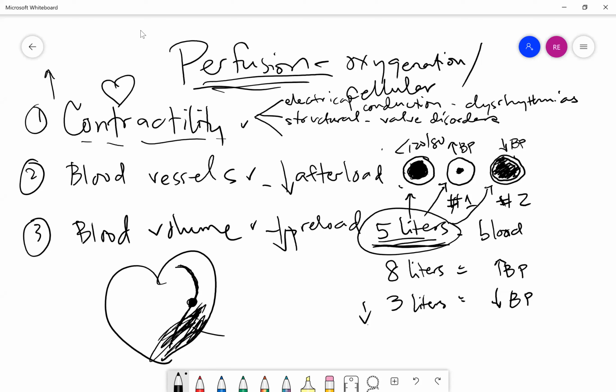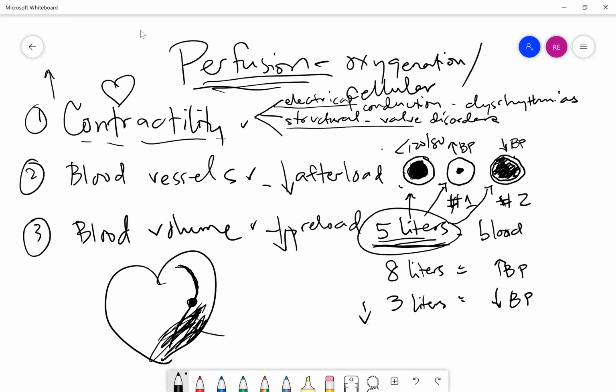So here you see the concept of perfusion. In the context of a heart which is injured, which is unable to do its normal job because it is injured by various causes, electrical conduction, structural problems, for instance, our goal is to help the heart maintain perfusion despite its injury.